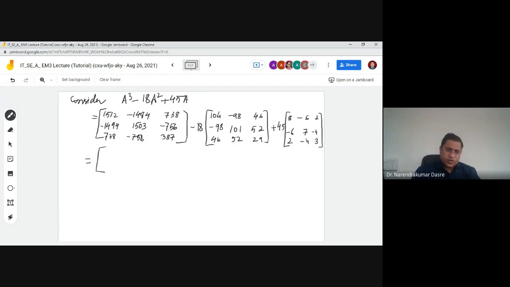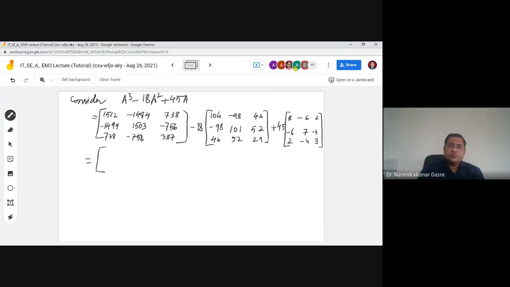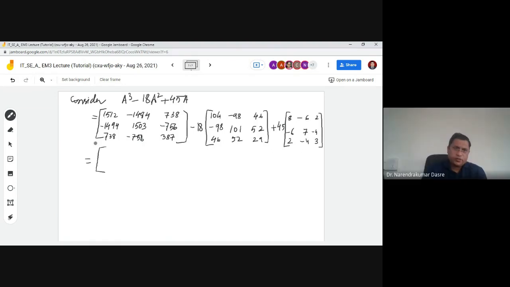Anushree, what is your value? 0, sir. Okay, so others, please verify whether it is going to be 0 or not. So we got A cube minus 18A square plus 45A is equal to 0.